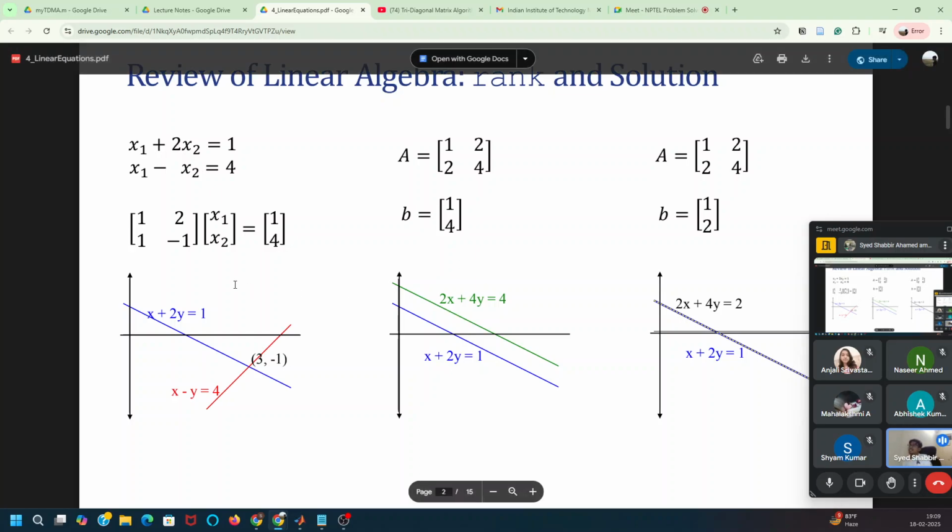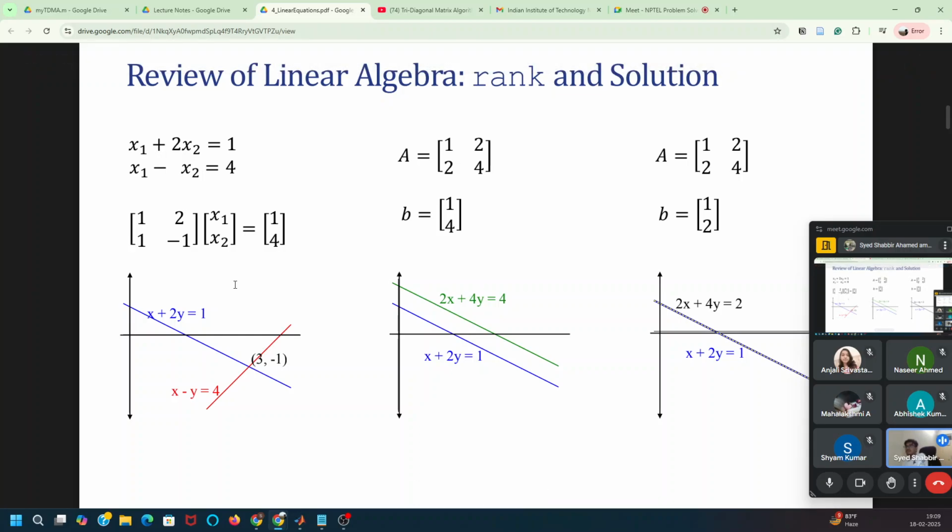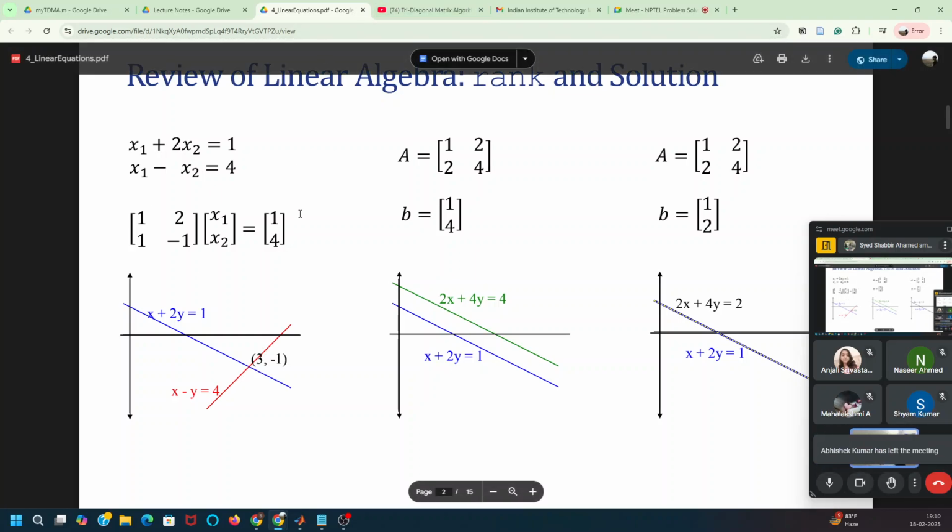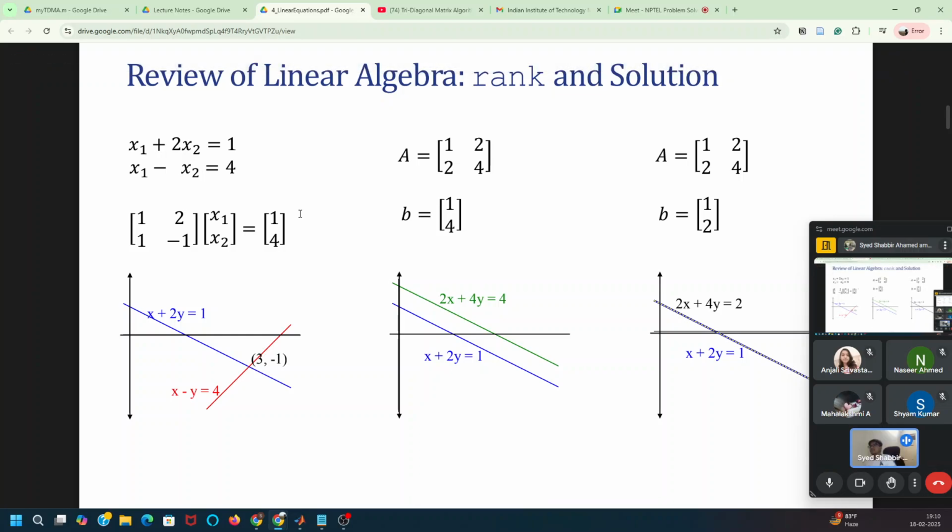But as the dimensions become larger, say a three cross three system, the equations you get are basically planes. You can plot all three equations, and if all the planes intersect at a certain point, then you can say that the system has a solution.